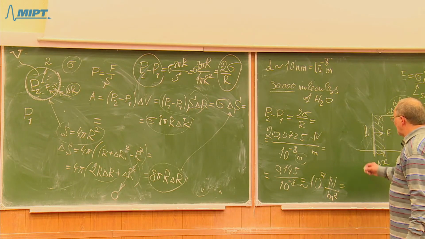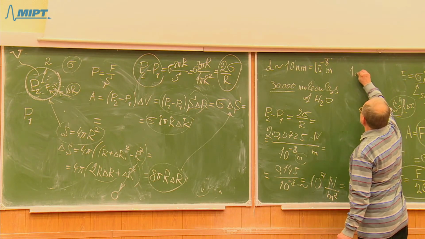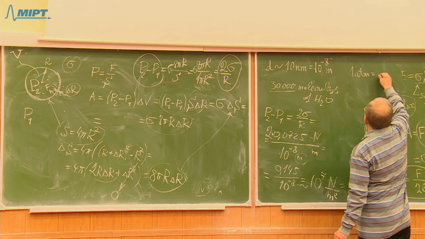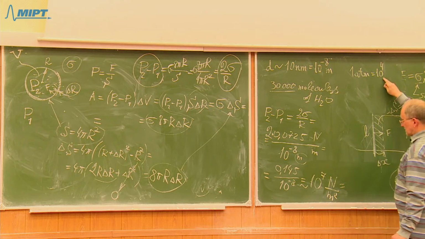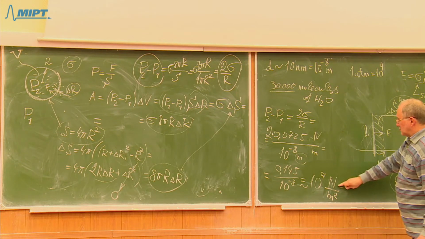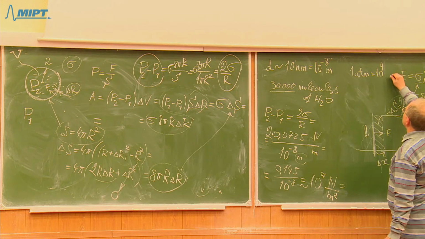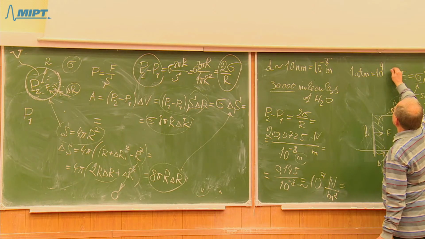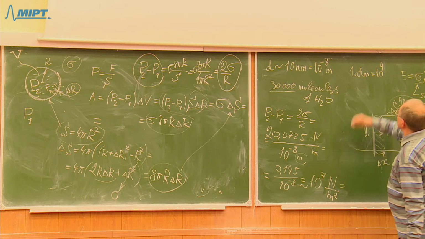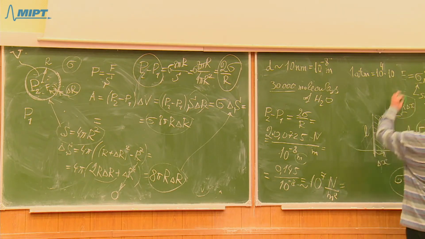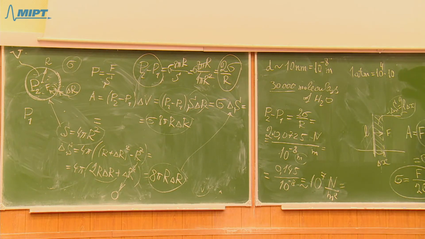Therefore, 1 atmosphere is 10,000 centimeters squared in 1 meter squared times Newton, and Newton is 1 kilogram on 1 meter squared. 1 kilogram is 10 newtons, so that will be about 1 kilogram force.